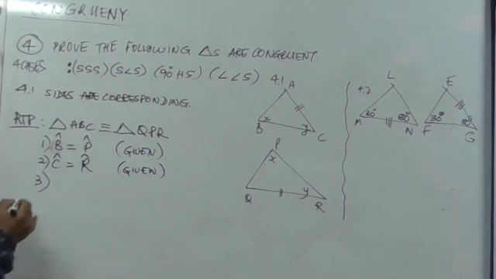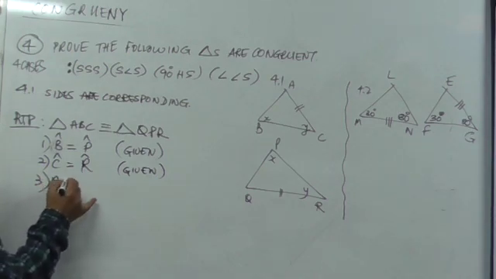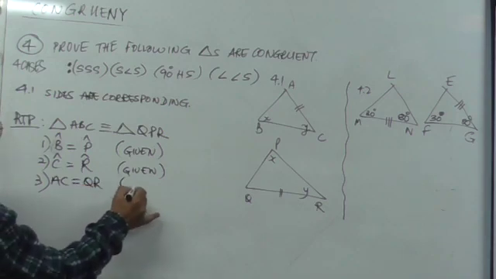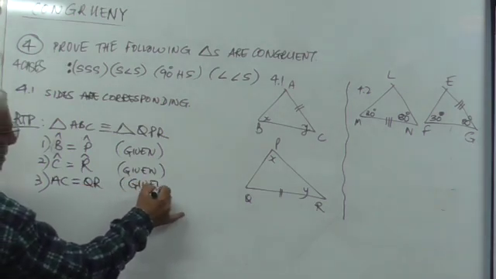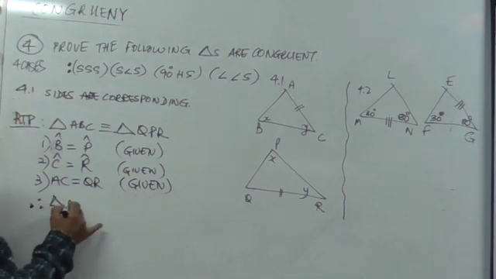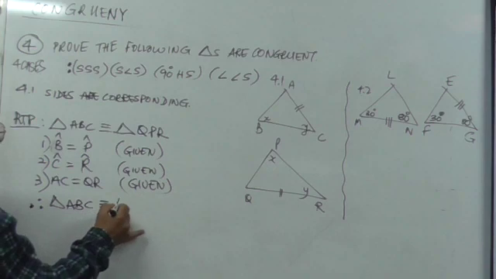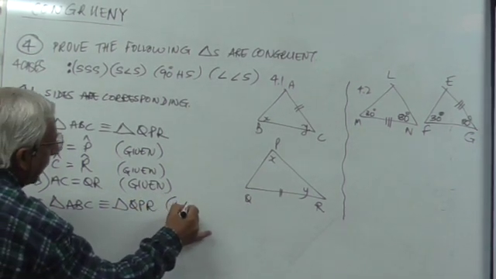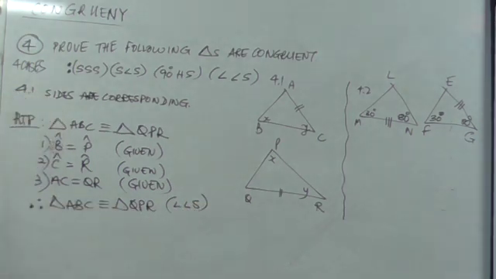And finally, AC is equal to QR. Reason, it's given. Therefore, triangle ABC is congruent to triangle QPR, and the case is angle side.